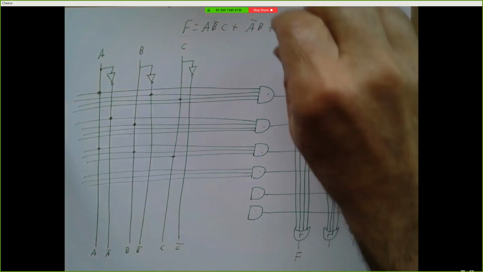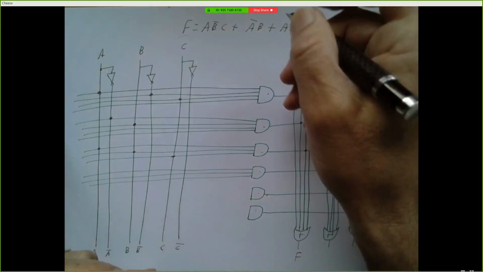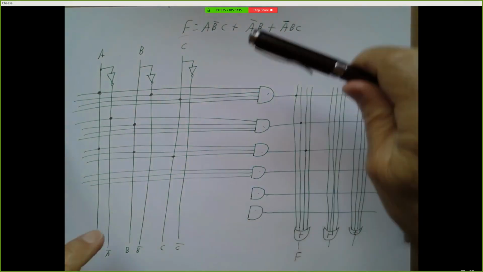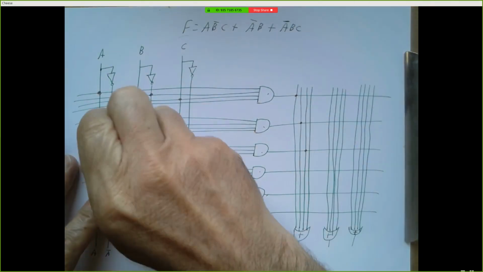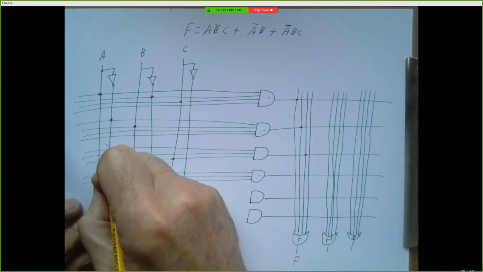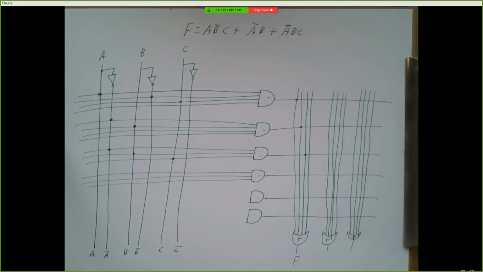And if I really meant that this should be A bar BC, well, that's not a problem. I'm just going to change this dot from where it was to right here. You got a totally new function now.